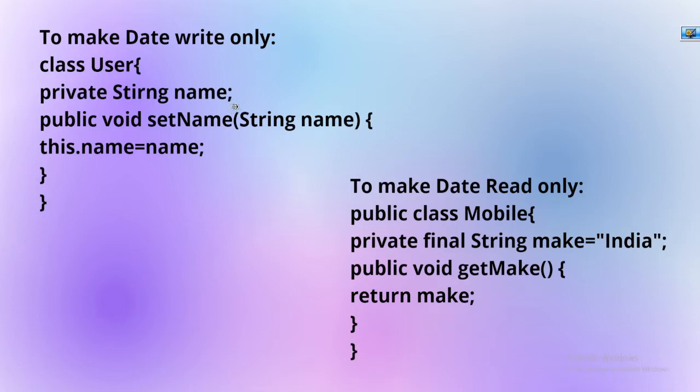And if you want to make your content read only, then you have to use only the getter method. So this is the use of encapsulation: to write only one particular data, and if the data is already given and you only have to read the content, then you can use only the getter method.